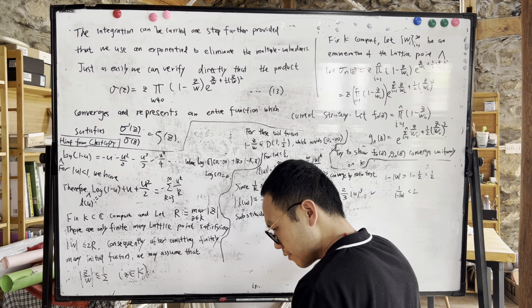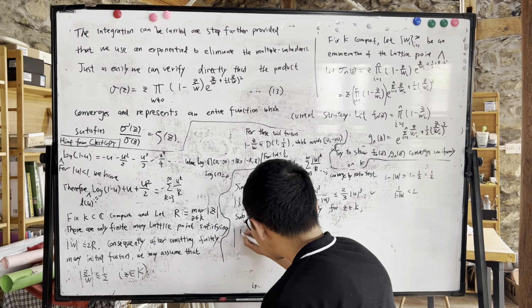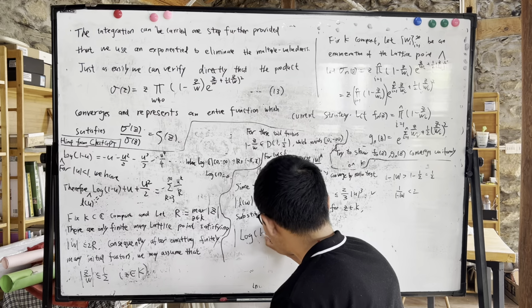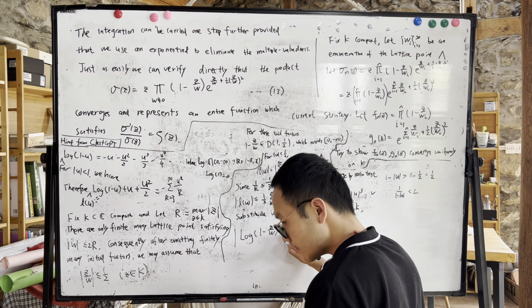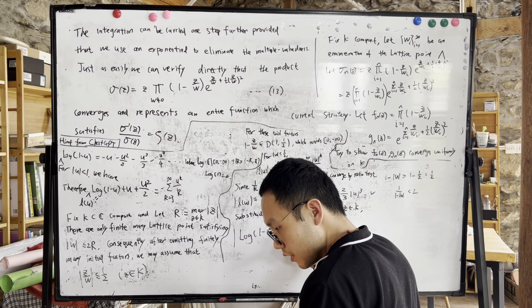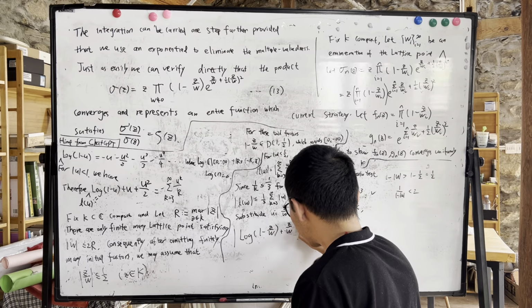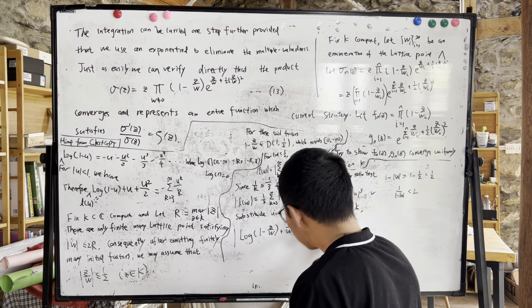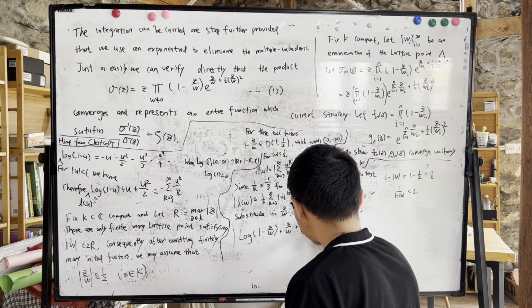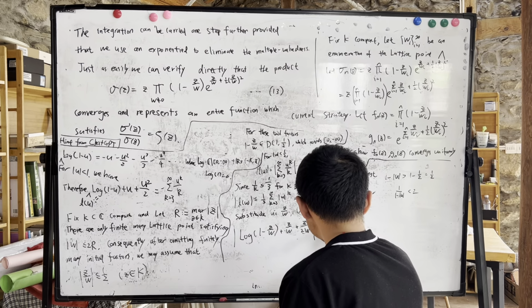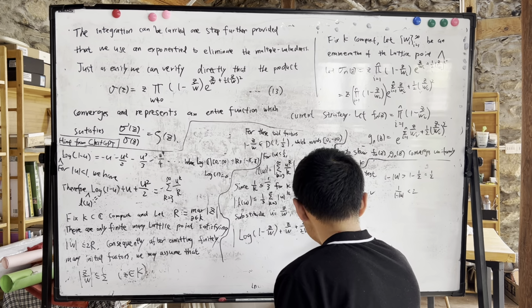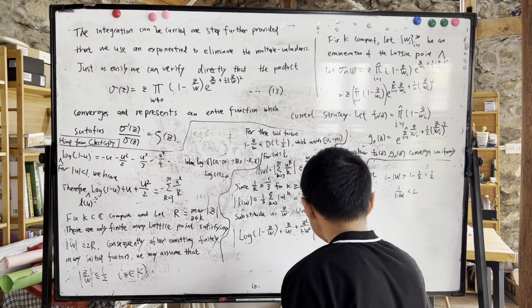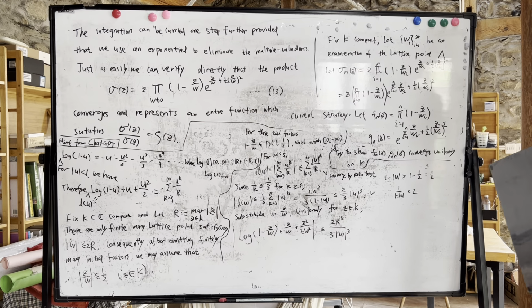So uniformly for z in K, we have the modulus of capital Log of (1 minus z over omega) plus z over omega plus z squared over 2 omega squared is less than or equal to 2r cubed over 3 times omega cubed.